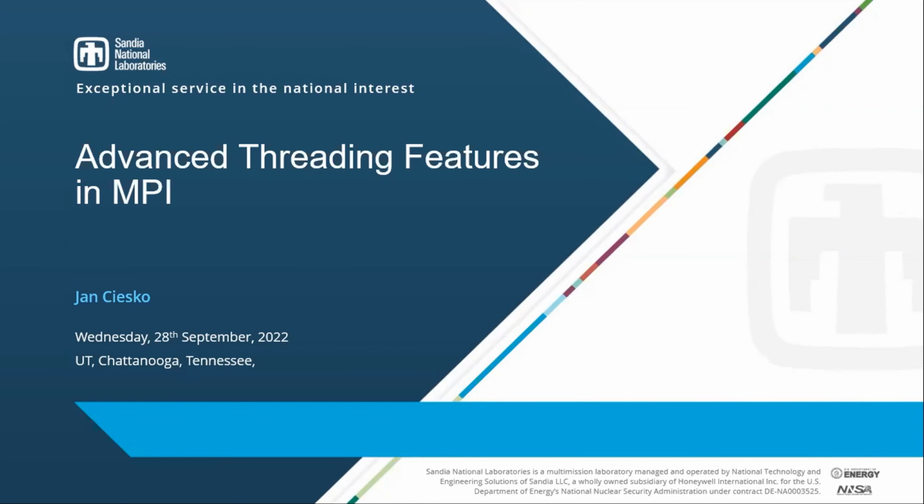MPI, of course, has supported the thread-safe execution mode for many years. There has been a lot of work on the execution modes, MPI plus X, MPI everywhere versus threading and MPI. However, with the advent of tasking, new properties come up.